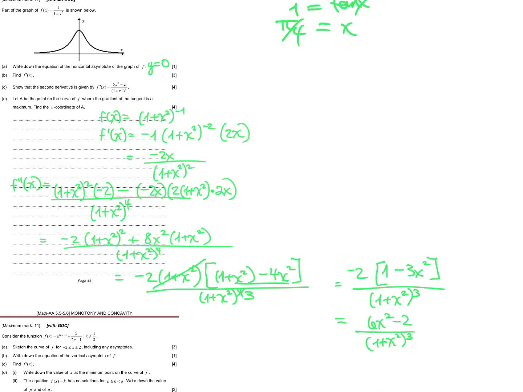Let A be the point on the curve where the gradient of the tangent is a maximum. This is at an inflection point. That's where it's the steepest. So find the x-coordinate of A. Okay, so we want to set our second derivative equal to 0, cross multiply.